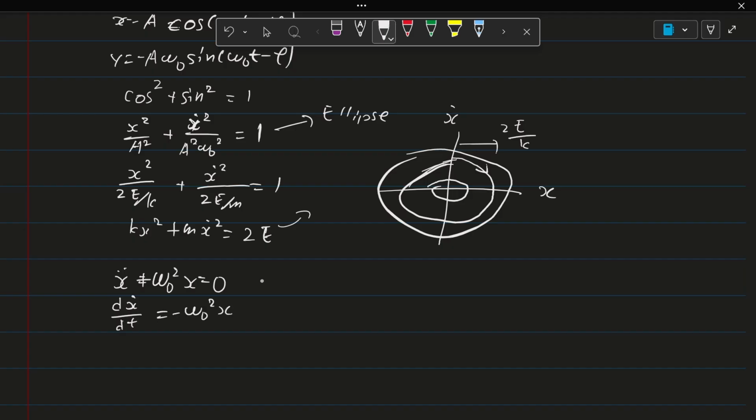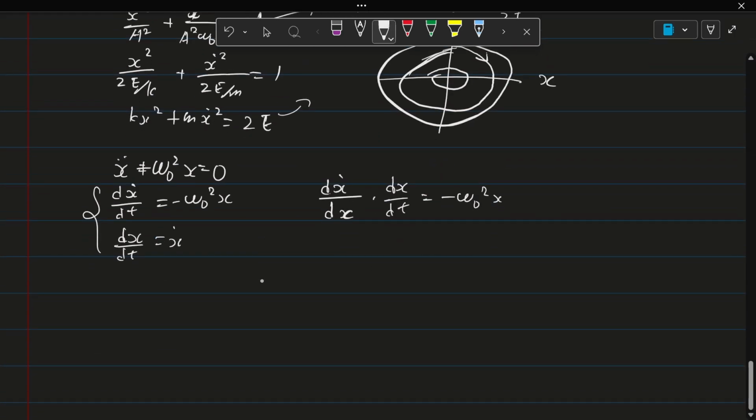And also, dx over dt is x dot. And so you could do a very clever thing in which instead of thinking about time, you could think about the position instead. So it could be dx, multiplied by, obviously to preserve this, dx over dt, right? This must equal negative omega 0 squared x.